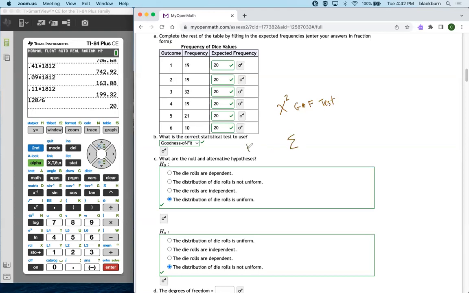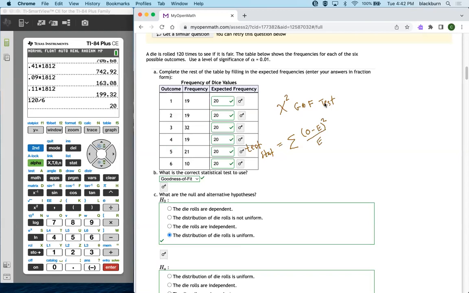The test statistic is going to equal the sum of the observed value minus the expected value squared over the expected value.